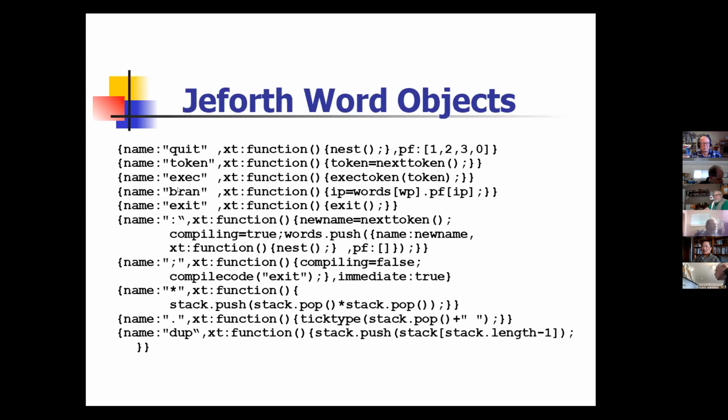And this quit is actually the outer interpreter. Quit is a high level colon definition. So it calls nest to execute and interprets the token list in the parameter field. All the other words are primitives, so they have only the code field with executable code.